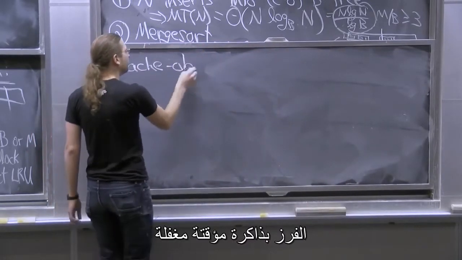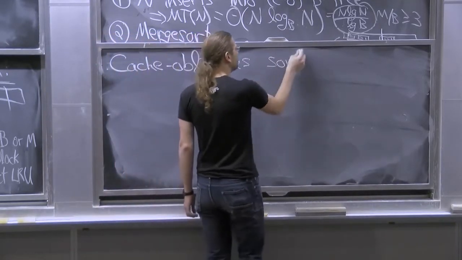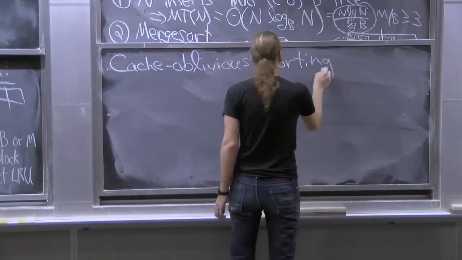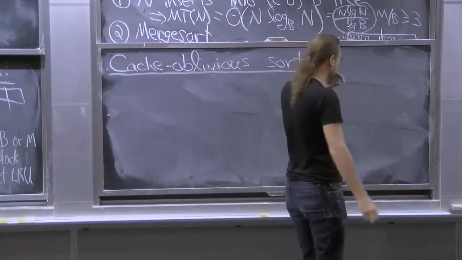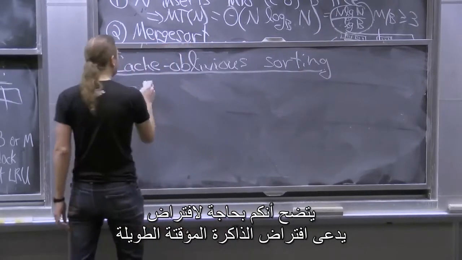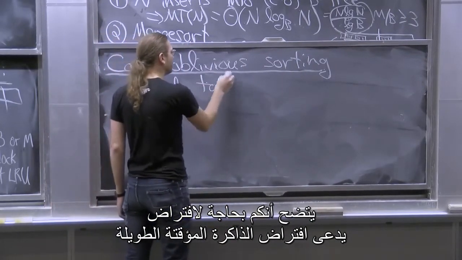So cache oblivious sorting. To do optimal cache oblivious sorting, like that bound, it turns out you need an assumption called the tall cache assumption.